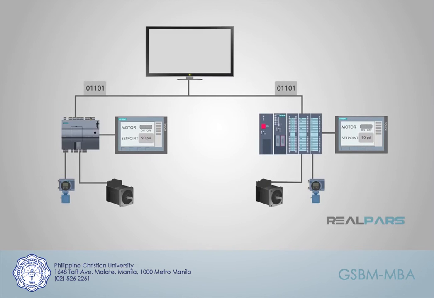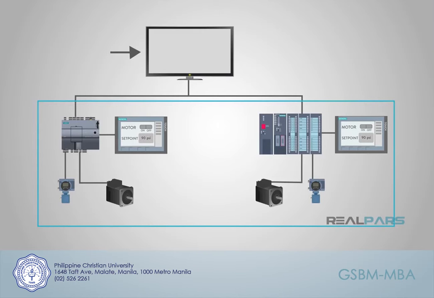Data from all of these systems is then sent to the central SCADA unit. That SCADA unit has its own HMI. This is why a lot of people get confused and think SCADA and HMI are one and the same. That HMI, or Human-Machine Interface Unit, on the SCADA can monitor and control anything that is connected to it.